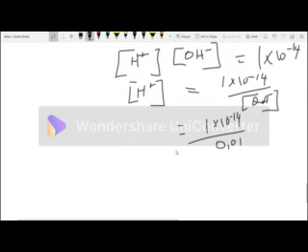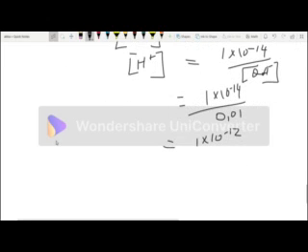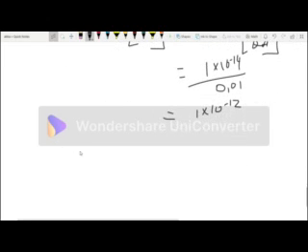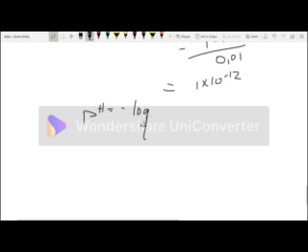Now that answer that we get there is going to be 1 times 10 to the negative 12. So now we want to find the pH of this. The pH is going to be negative log of the concentration of the H plus.